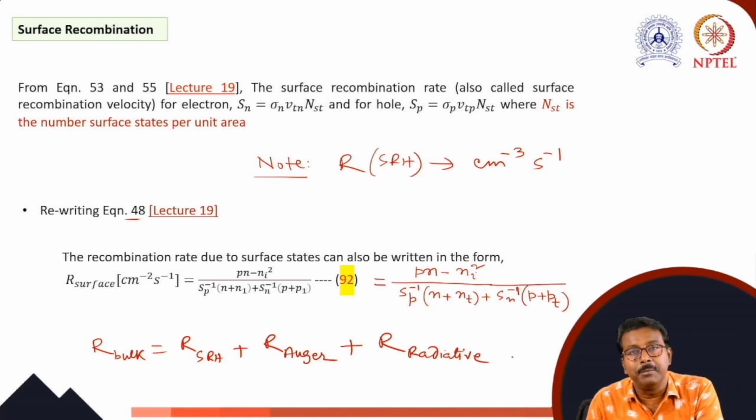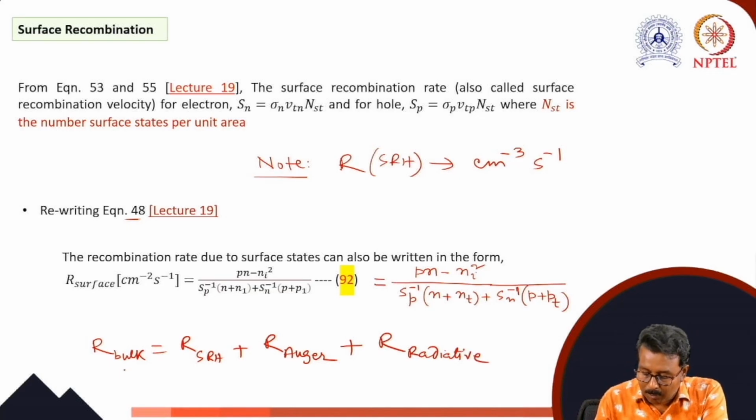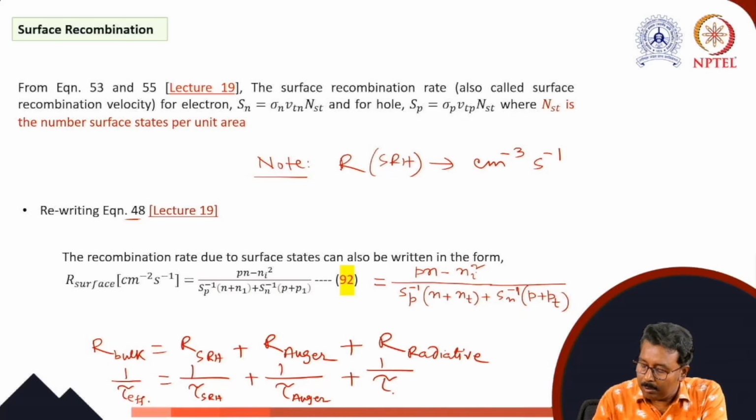All rates can be added, or 1 by tau effective is 1 by tau SRH plus 1 by tau Auger plus 1 by tau radiative. That is, for lifetime you have to take the inverse and then add.